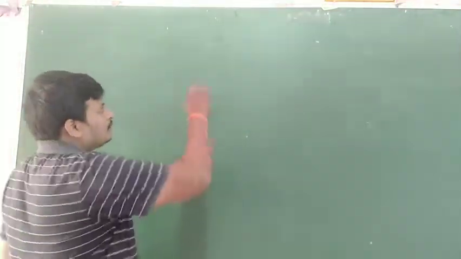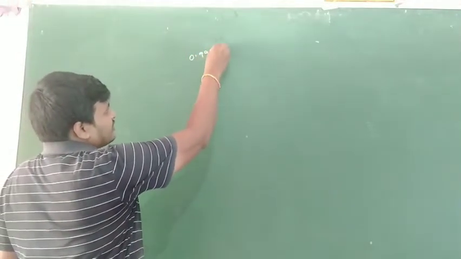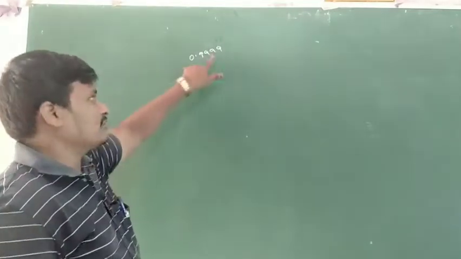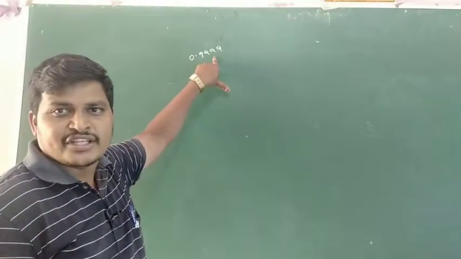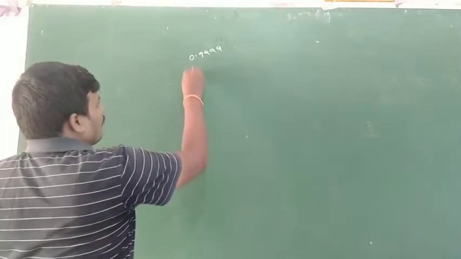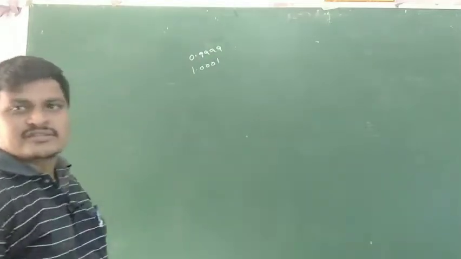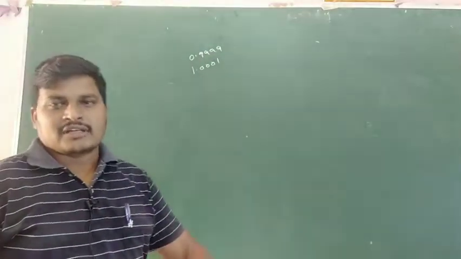For example, 0.9999 is near to 1, maximum near to 1. And 1.0001 is equivalent to 1.